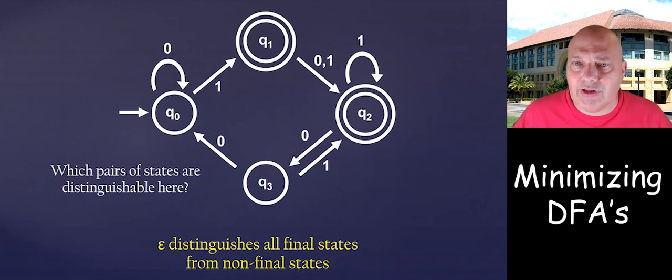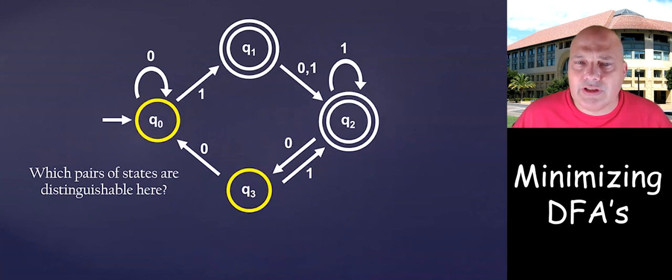What about Q1 and Q2? Well, Q1 and Q2 are distinguishable because if you take a 0 from Q1, you reach Q2, which is accepting, but Q2 on a 0 reaches Q3, which is rejecting. So the string 0 distinguishes Q1 and Q2.